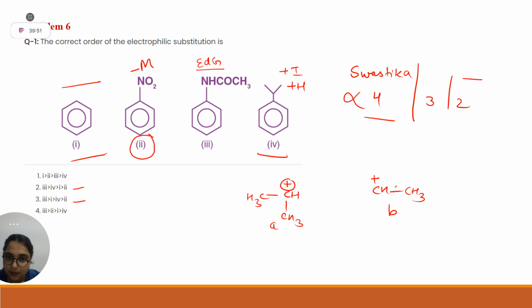A, ma'am. Why? Because it has 2 plus I groups. Moreover, hyperconjugation is also there, 6 hydrogen hyperconjugation. In a similar fashion, this group is going to increase electron density. So the order is third, fourth, first, second. So the correct option is option number 2. Yes or no? Yes, ma'am. Everyone is clear? If not, I will explain again.